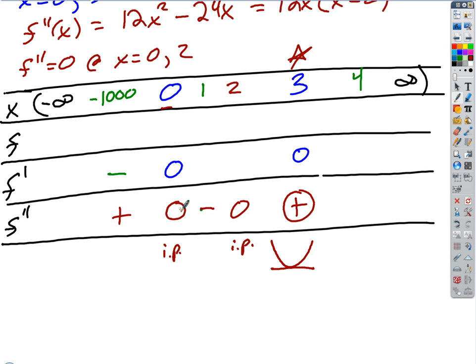We know that all extrema have to occur at first derivative critical numbers. Not all of those are going to pan out. Some will be false alarms. Second derivative critical numbers are potential what? Inflection points. Once again, not all will pan out, but some will.